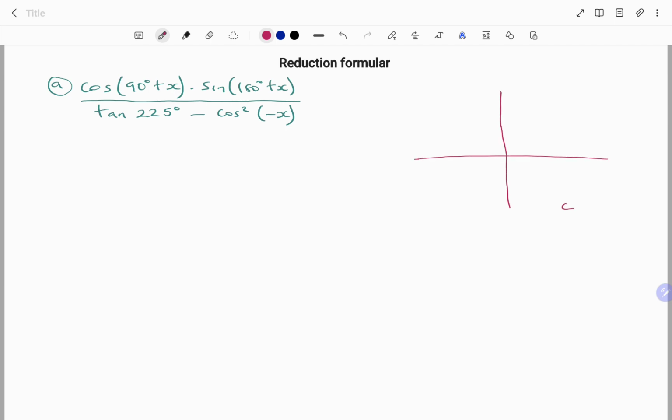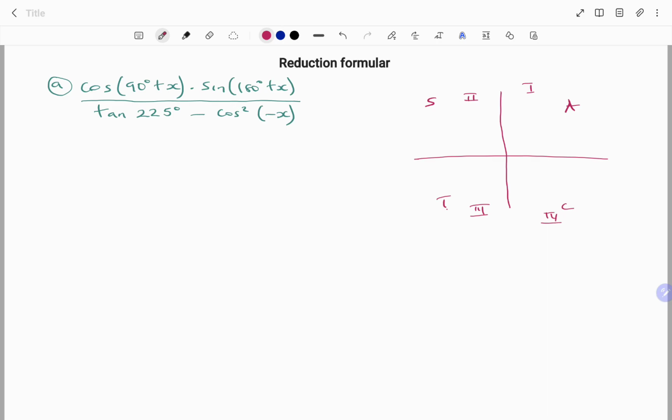We have a C, A, T, and that's S. I'm going to correct that quickly: C, A, S and T. This is our first, second, third, and fourth quadrant.